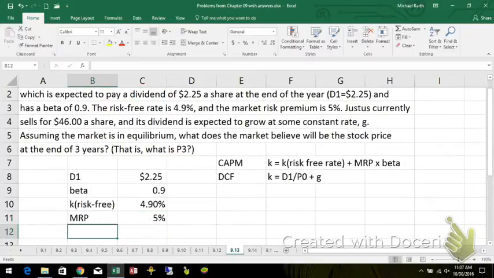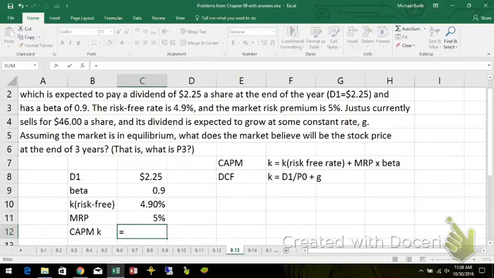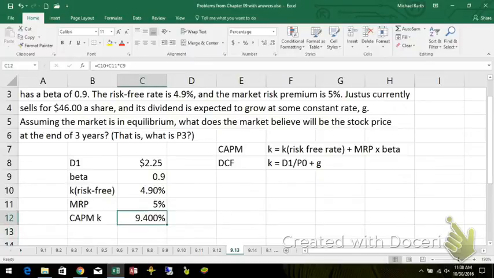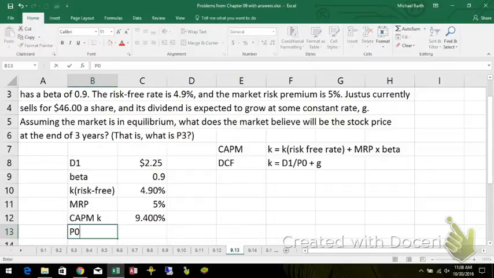So under CAPM, K for this company, which should be the same one that we would use under the discounted cash flow, would be the risk-free rate plus the market risk premium times 0.9, or 9.4%. All right? I am given a share price of $46.